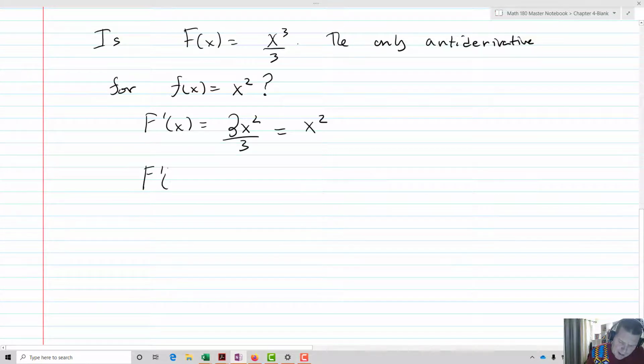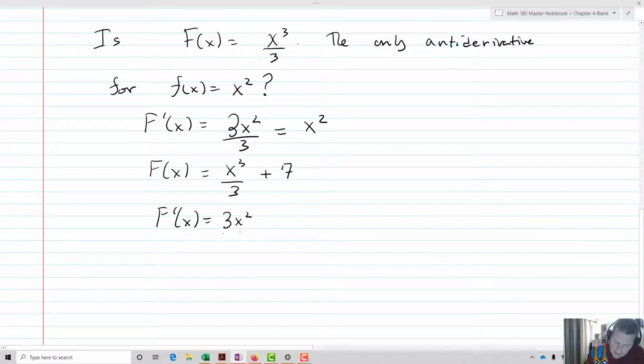If I take big F of x equal to x cubed over 3 plus 7, then big F prime of x is also going to equal 3x squared over 3, and then the 7 goes away because the derivative of 7 is 0. So this becomes just plus 0, which is equal to just x squared.